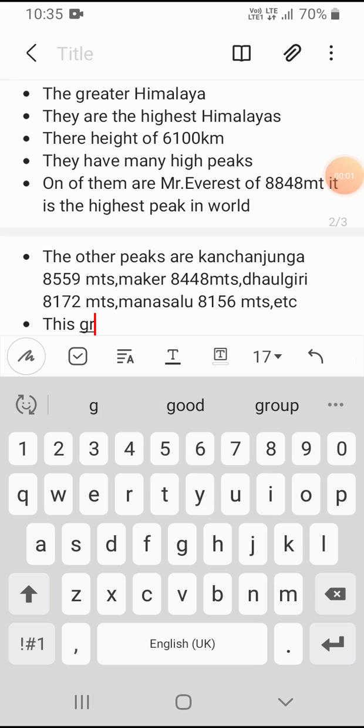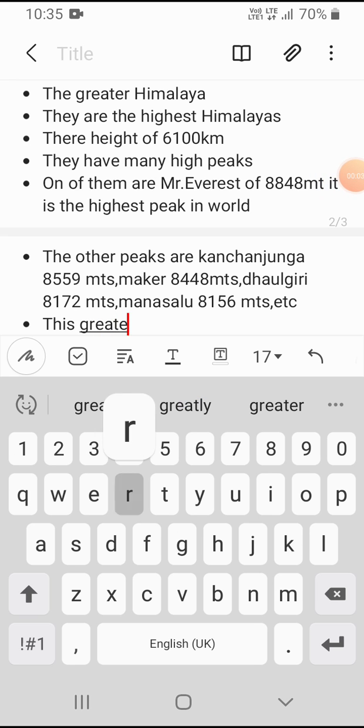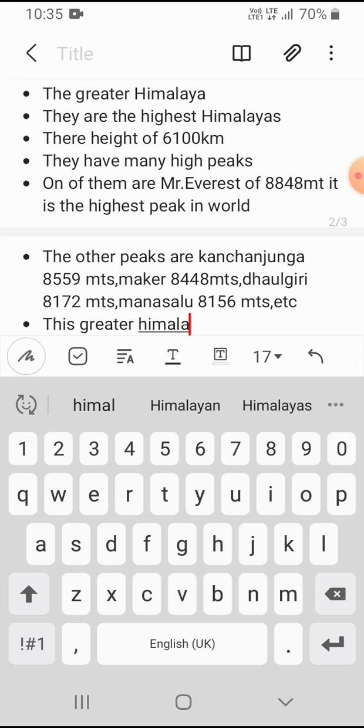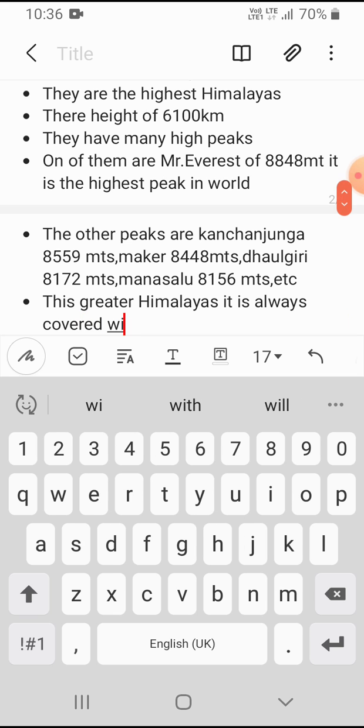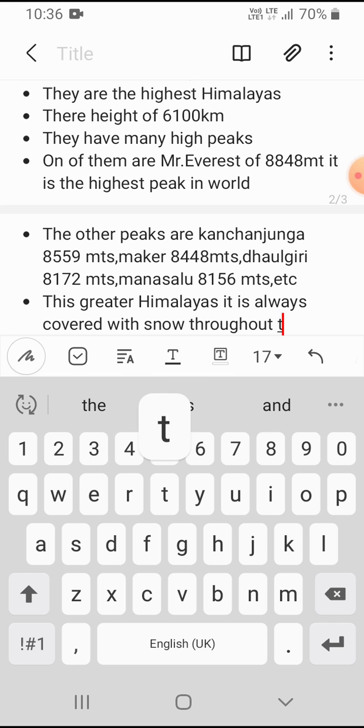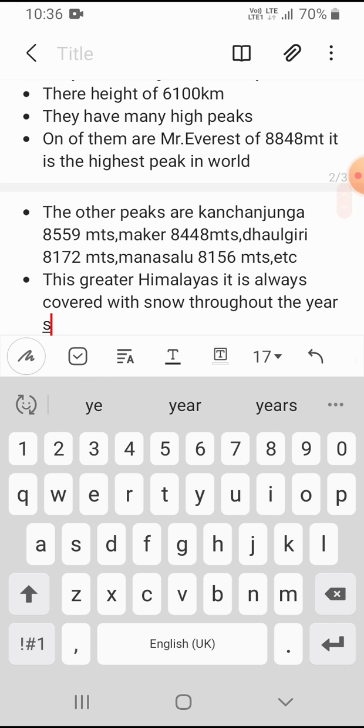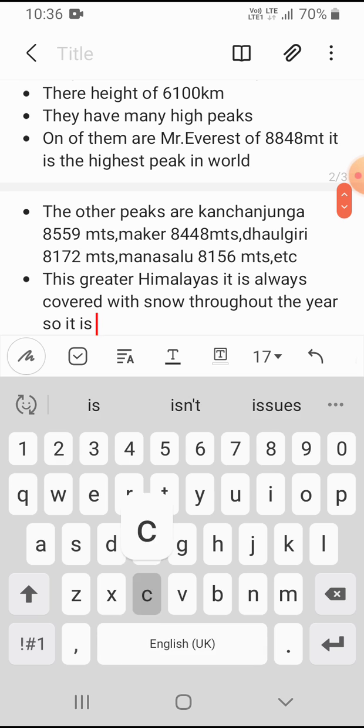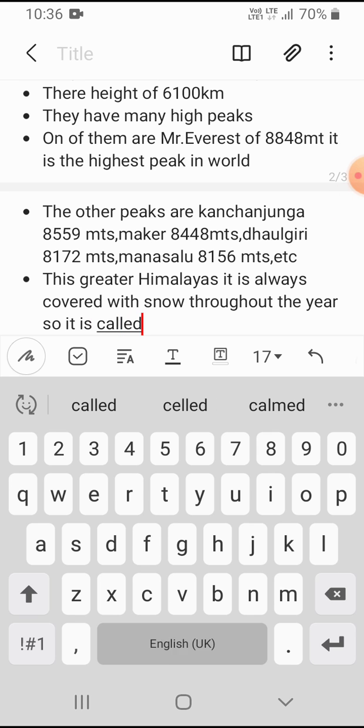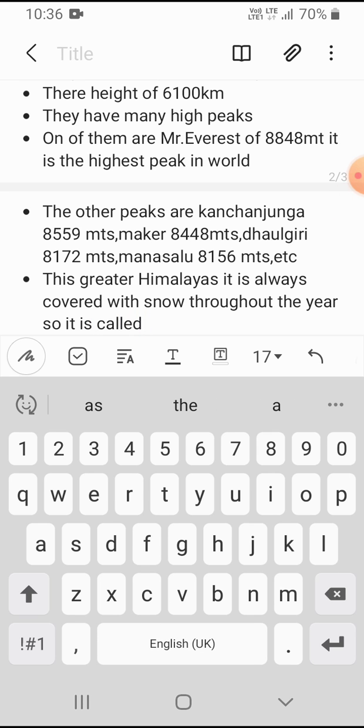This Greater Himalaya is always covered with snow throughout the year, so it is called Himadri.